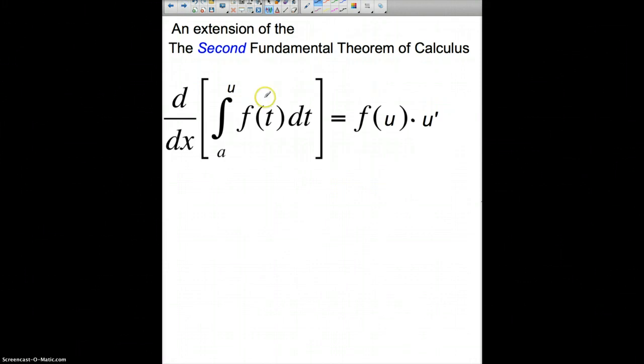Okay? Well, this is an extension of the second fundamental theorem of calculus, which they will use a lot on the AP test. Not a lot, but this is the form of it that they would use more than the first form.